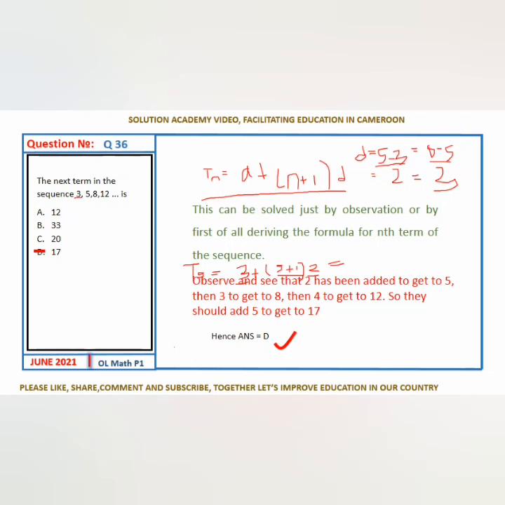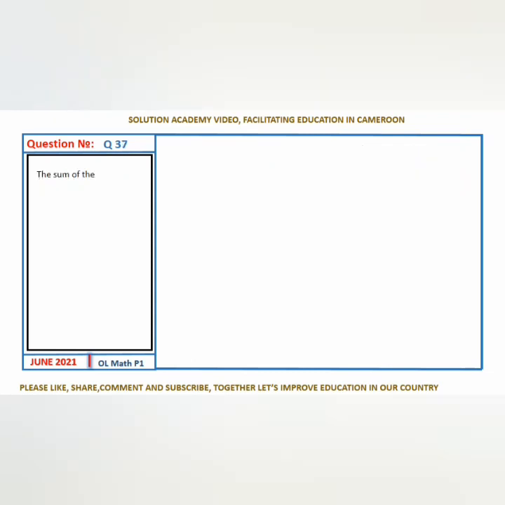Okay, question number 37. The sum of the first n terms of a sequence is given by this. The first term is... please take note of this particular question because it's a paper 2 format question and it comes frequently. Generally, we have to know that the formula for the sum of the first n terms has been given already.